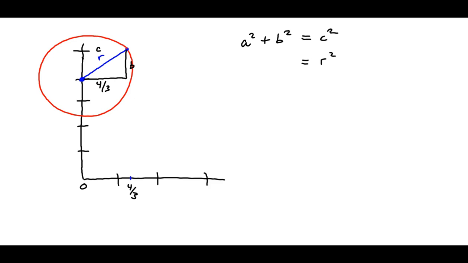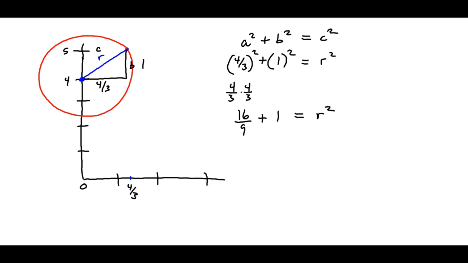Our height goes from 4 up to 5, so our height is 1. So the legs of our triangle are 4/3 squared plus 1 squared equals R squared. So 4/3 times itself, you could use a calculator or just multiply it out, but I get 16 over 9 plus 1 equals R squared.